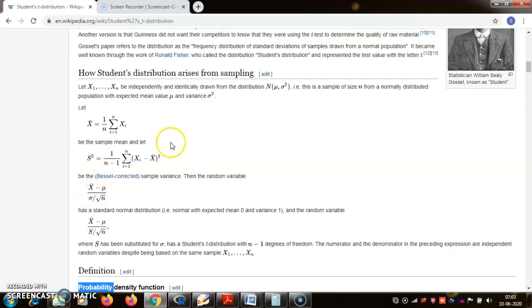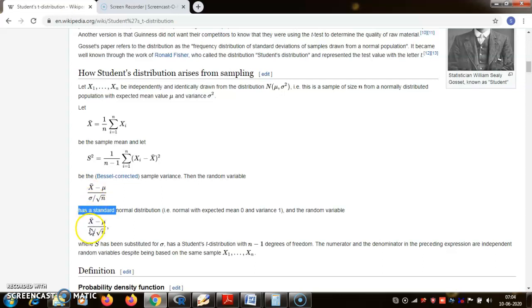If you know sigma, then use this ratio with sigma in the denominator, and it will follow the standard normal distribution, because if x1, x2, ..., xn are IID normal, then the distribution of x bar will also be normal with mean mu and variance sigma square by n. So that would be just a standardization, and by that logic it will be N(0,1).